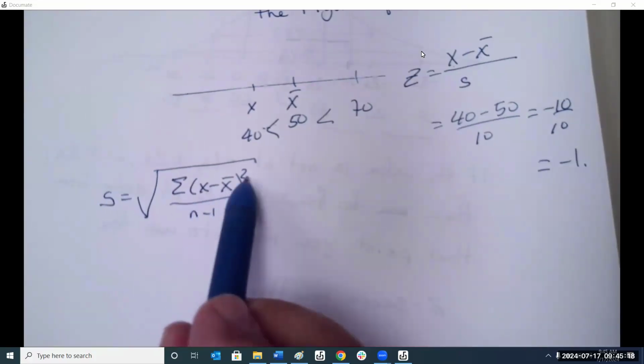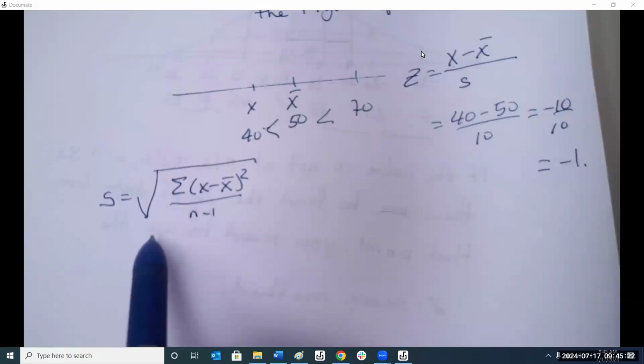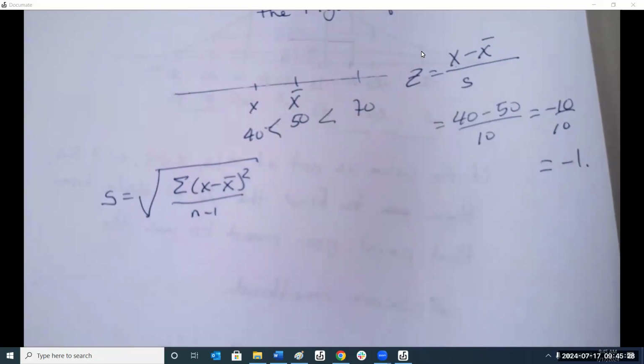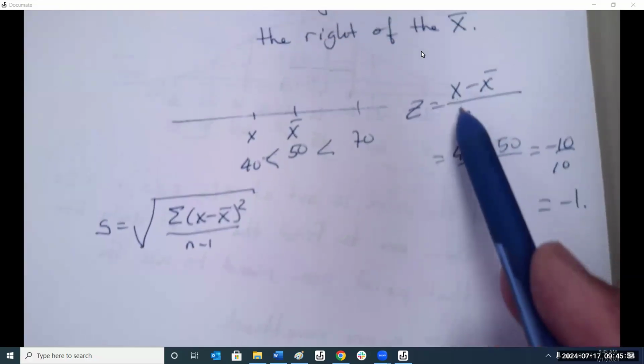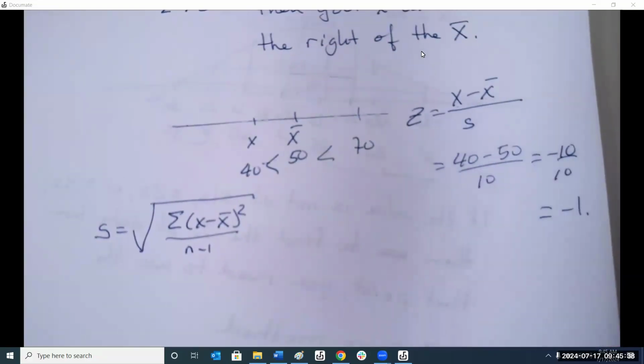No matter what's inside here, when you square it, it becomes positive. When you add a bunch of positives, it's positive. N cannot be negative. It's a counter, it's a number. And you can't ever take a square root of a negative number. So S is always positive. So our z-score, the only way it can be negative is if X is to the left of the mean.